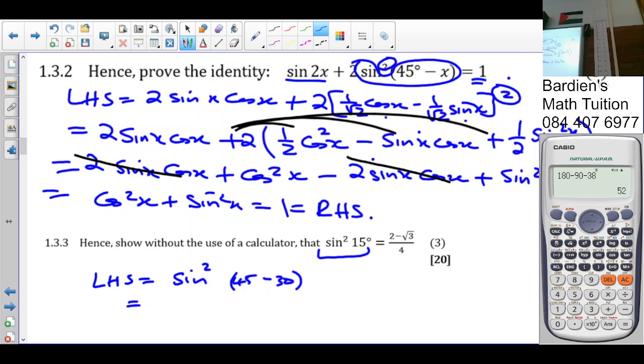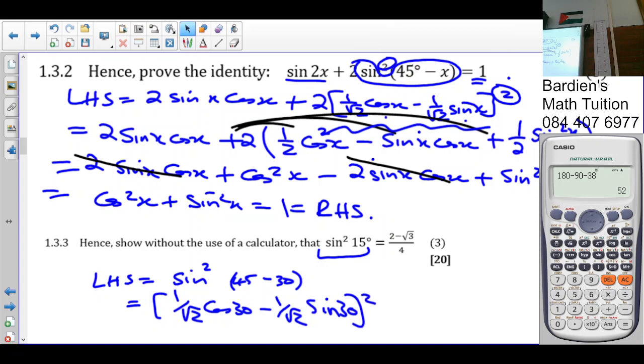So in other words, this should simply be open brackets sine 45, which is 1 over root 2, cos of 30, minus, I'm taking it from here, minus 1 over root 2 sine of 30, and it has to be squared.